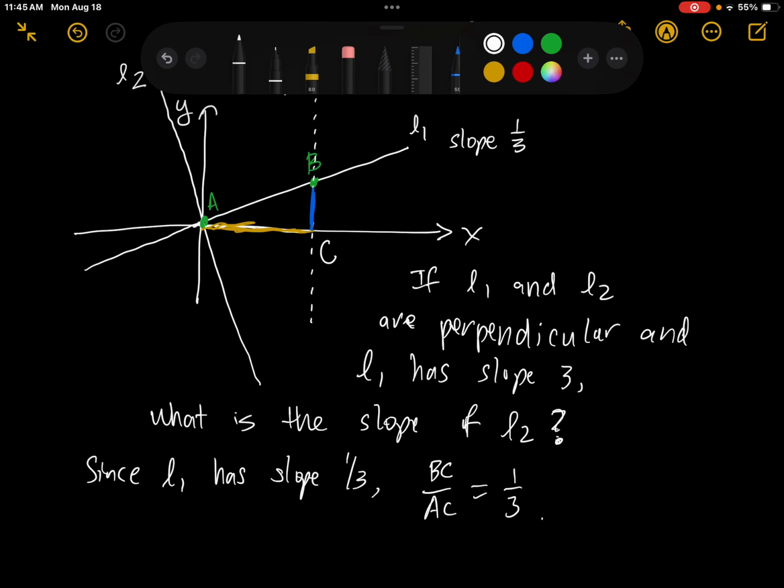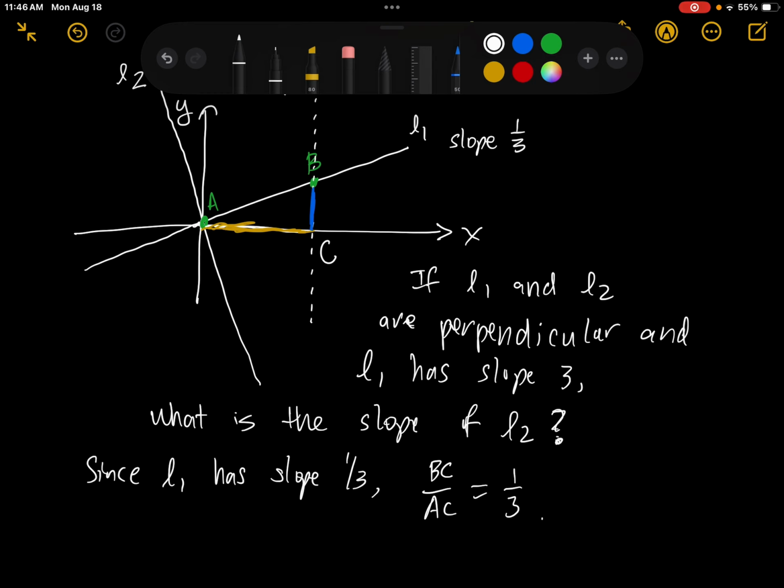Now what happens if you imagine rotating this triangle 90 degrees clockwise? So if you imagine rotating L1 by 90 degrees, well, if you take L1 and rotate 90 degrees, what line are you going to get?